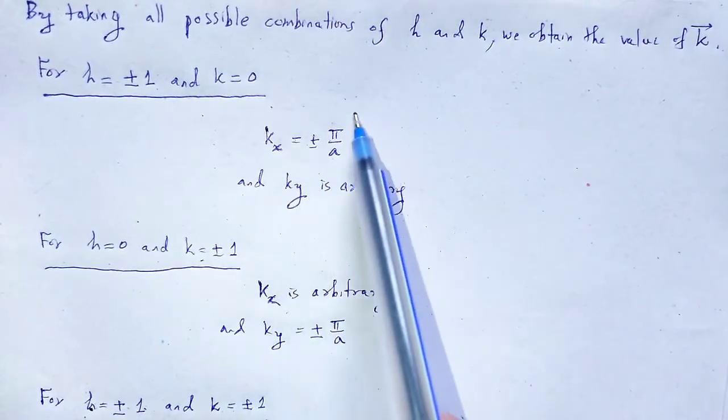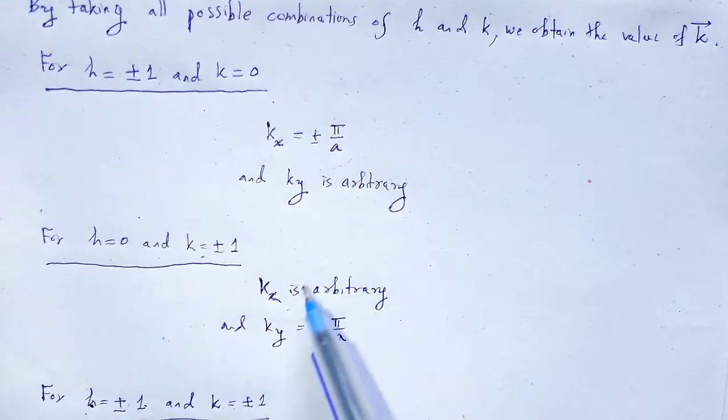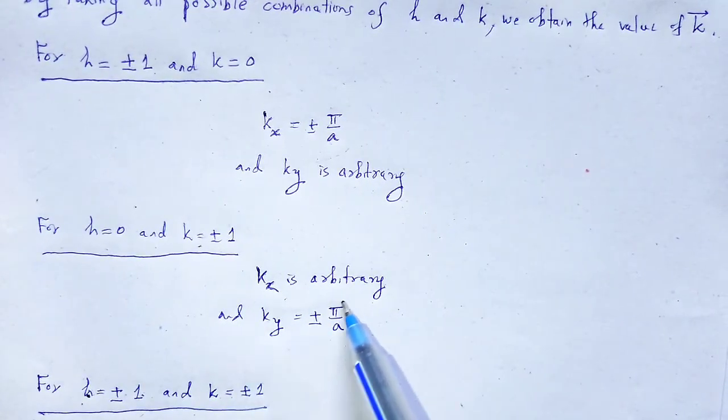Look here, kx is equal to plus minus pi by a, ky is equal to plus minus pi by a.